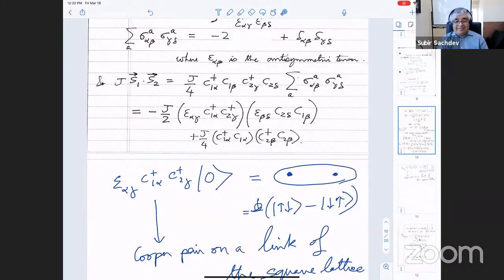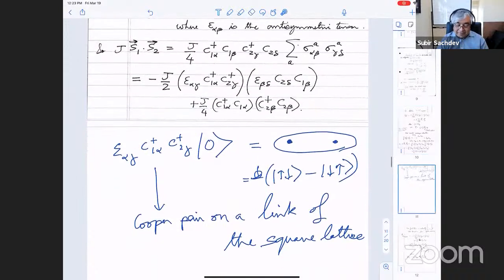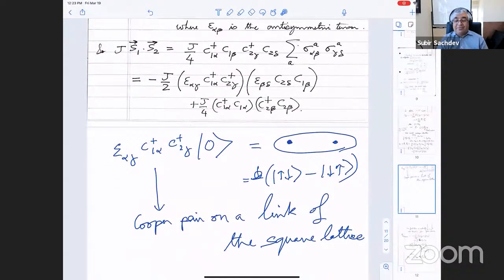So it's like there's an attraction between the electrons and they want to form Cooper pairs, because then you gain energy minus J/2. So you can really think of, in this language, roughly speaking, the exchange interaction, at least locally, as an attraction between the electrons. Now, there's one thing you need to worry about. Our previous Cooper pair had opposite pair of electrons at all distances, including 0. They were also allowed to be on the same site.